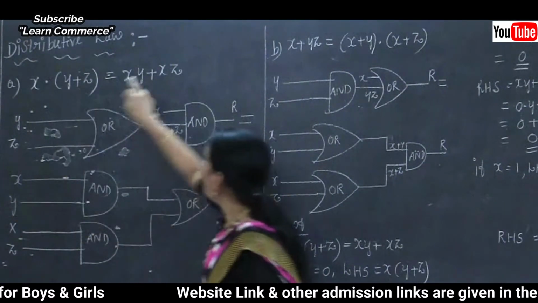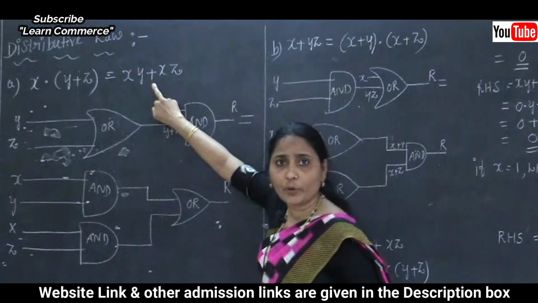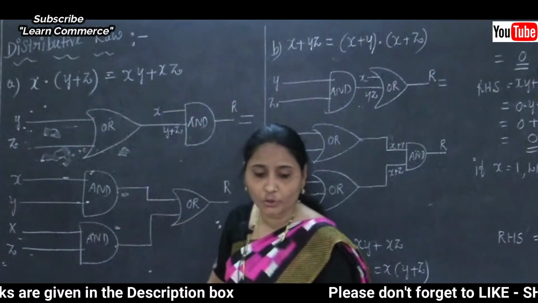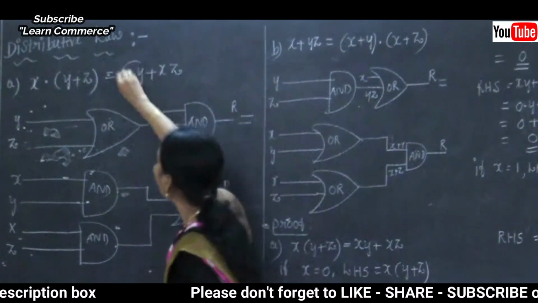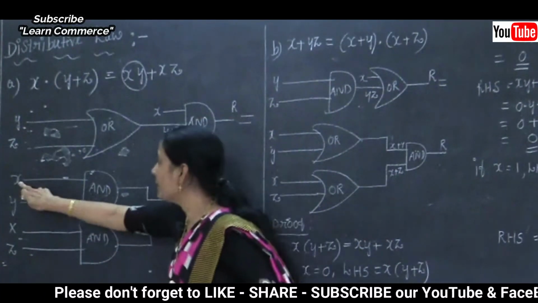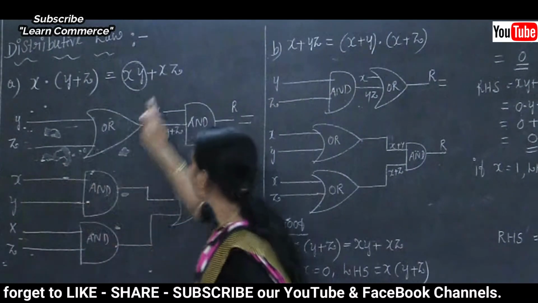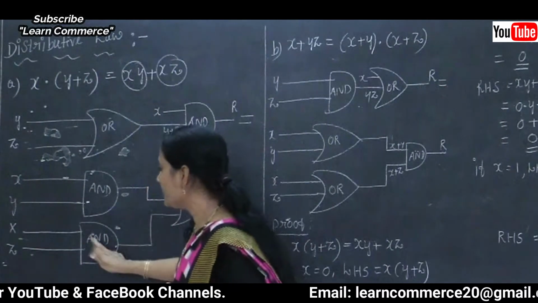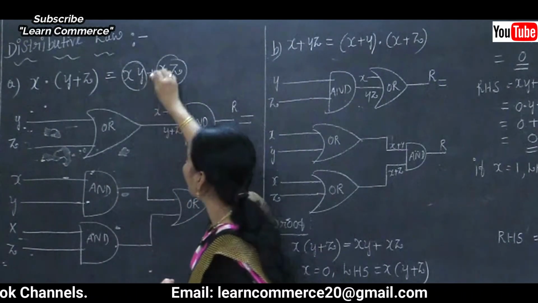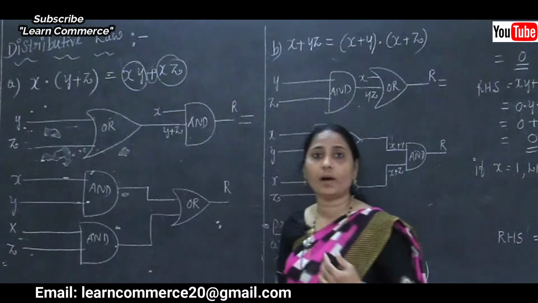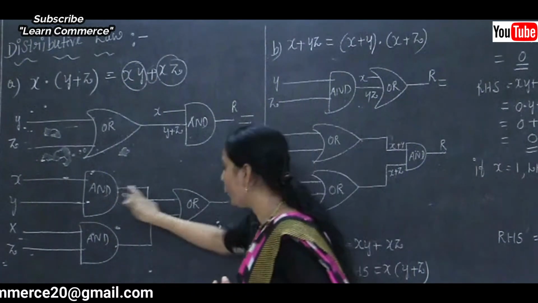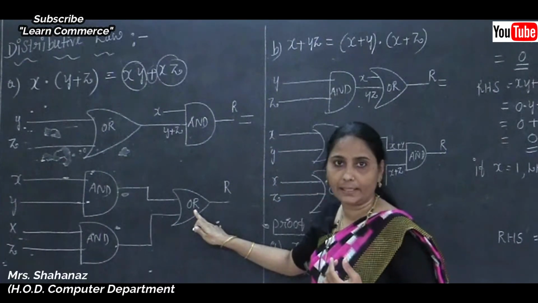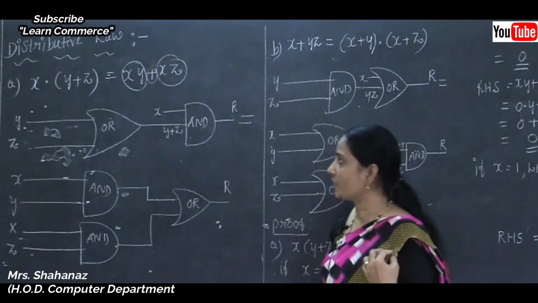The plus sign I will complete later. First I am going to take x and y, and next x and z, and both expressions are joined by the plus symbol, so we join them using an OR gate. Clear this point here?